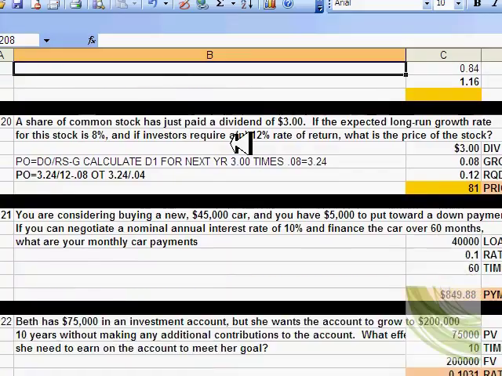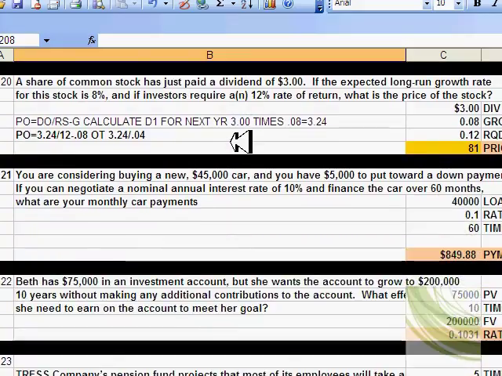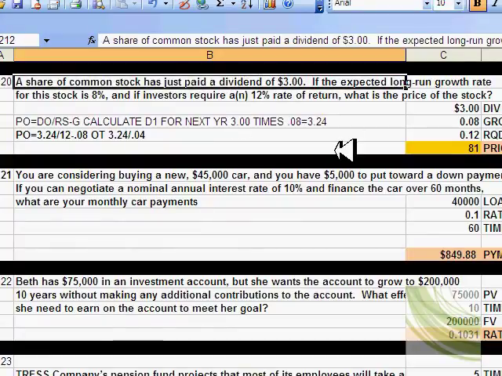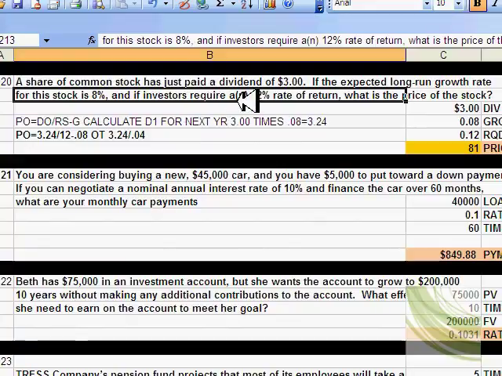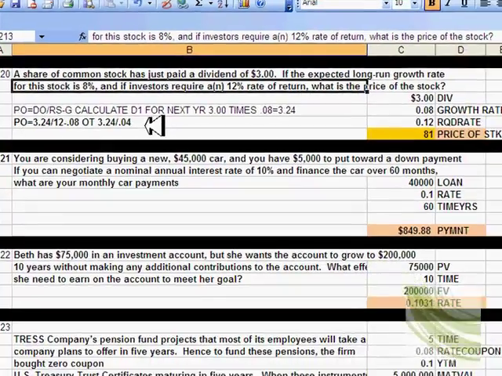Okay, so let's do the next problem. A share of common stock paid a dividend of $3. The long run growth rate for this stock is 8%. Investors want a 12% return. What is the price of the stock? Based on our dividend growth model, we can calculate the price of the stock. Price of the stock is the next year's dividend divided by the required rate, RS, minus the G, or the growth rate.